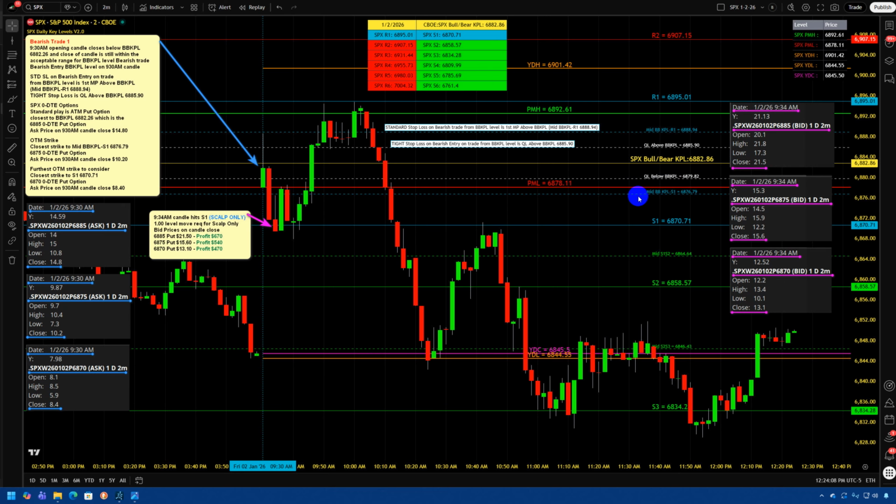We look to the first midpoint in the direction of the trade, and that is this level, mid BBKPLS1, 68.7679. So the strike closest to that is going to be 68.75. That would be the 68.75 put option.